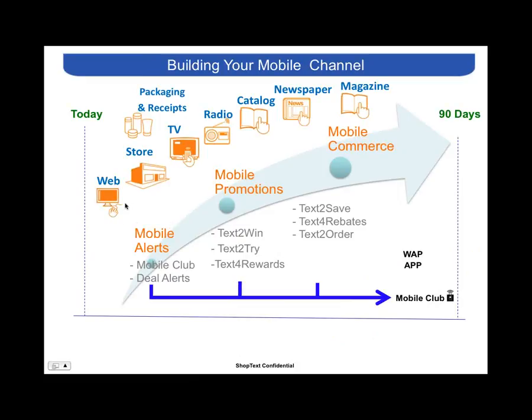Look at all of your existing media, including packaging and any kind of receipt programs that you've got, and begin to create your direct-to-consumer channel, your equivalent of email in the mobile world, where you can actually push messages or offers to consumers, and then start to engage them with text to win, text to try, text to get rewards, and start to move into driving them to store, text to save, text for rebates, and ultimately text to order.